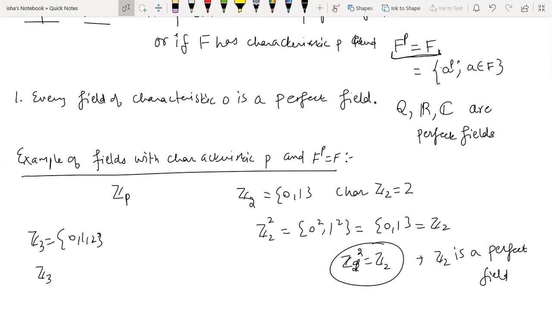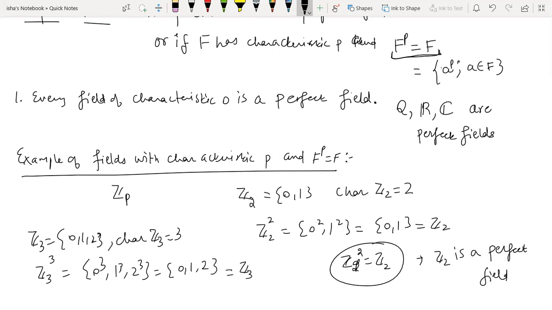I have to take Z3 cubed because I have to raise to the power of the characteristic, which is 3. So this is 0 cubed, 1 cubed, 2 cubed. This is 0, 1, and 2 cubed is 8, and 8 modulo 3 is again 2. So this generates the same field Z3. So Z3 is also a perfect field.